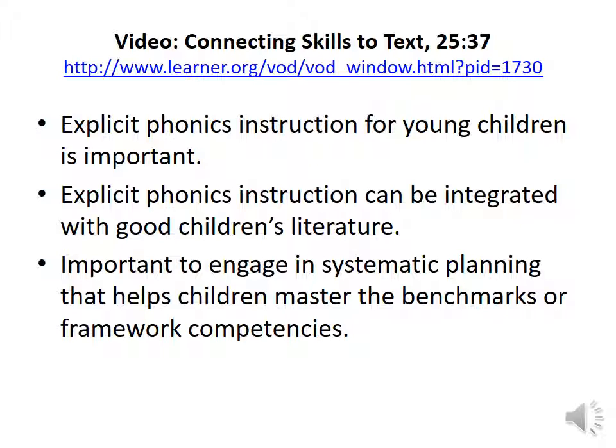This slide refers to a video on connecting skills to text. It's a 25-minute, 37-second video that would be very informative to you as far as ways that different teachers connect skills to text. Some of the recommendations from the video are to provide explicit phonics instruction for young children, provide explicit phonics instruction integrated with good children's literature.